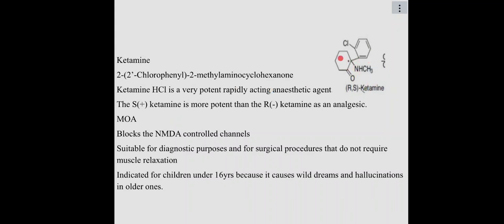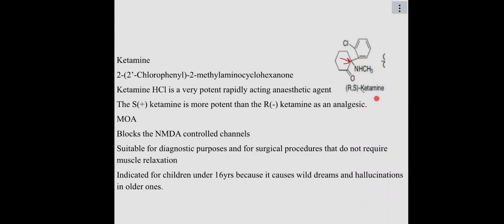If you look at this position there, it has rigidity and has 4 different substituents, and therefore that position is a chiral center. Normally the one that is administered, or the one that is formulated, is both, the RS ketamine.